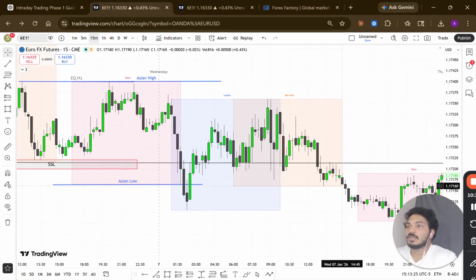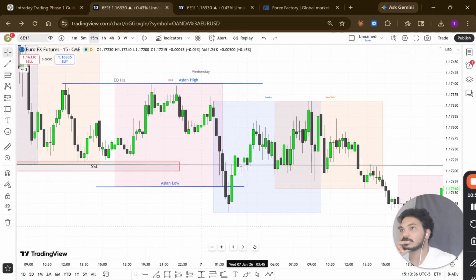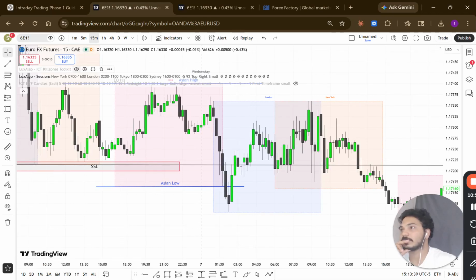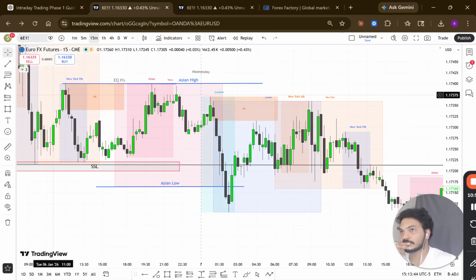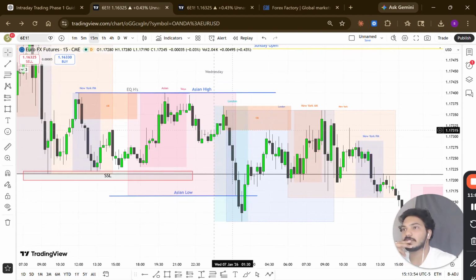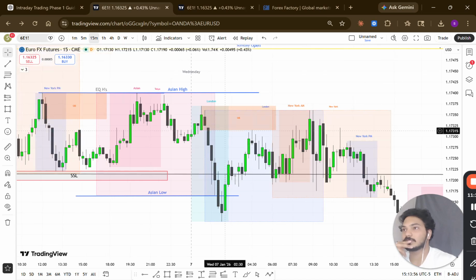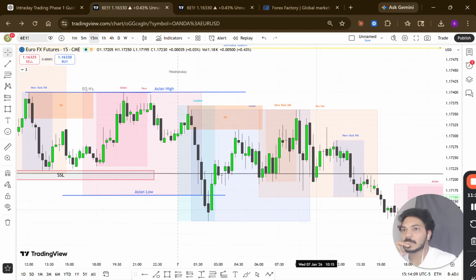Here, let's try to find the order blocks and fair value gaps on the 15-minute time frame. There is a strong downward move here. The move is created, and this will be the last green candle. So this is an order block, which later, if you can see, just touched the order block and rejected from there.